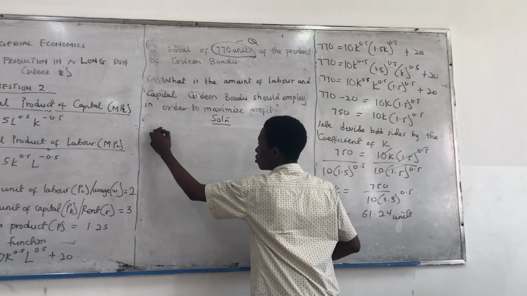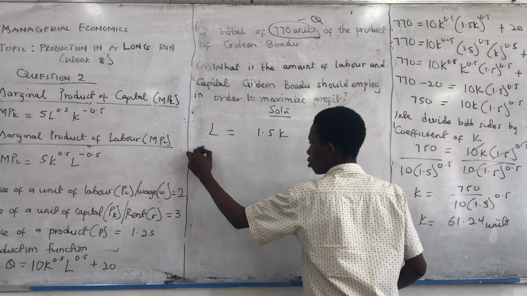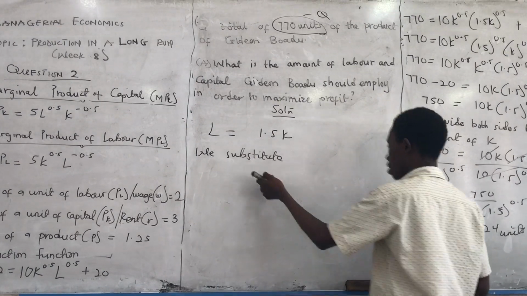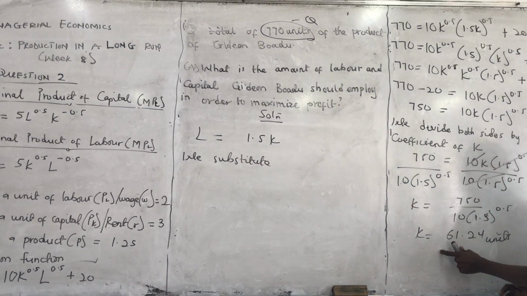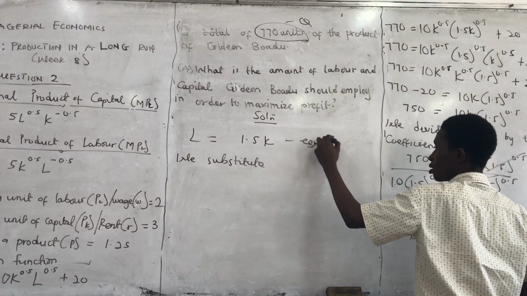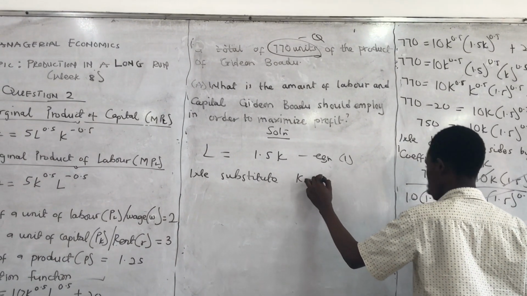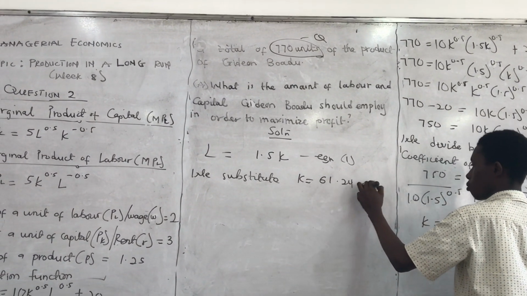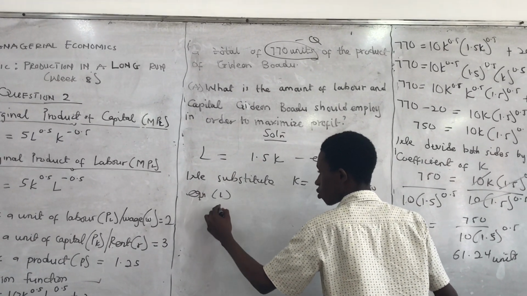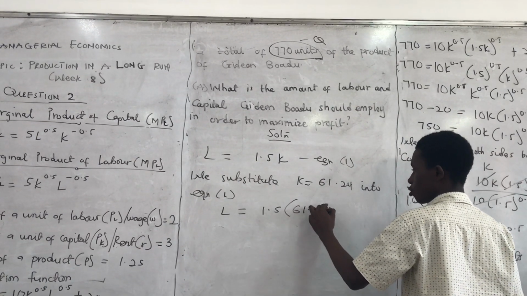So we have labor is equal to 1.5K. So we substitute K, which is capital, into what? The equation. This was equation 1. So we substitute K, which is equal to 61.24, into equation 1. So we have that is equal to 1.5 times 61.24.